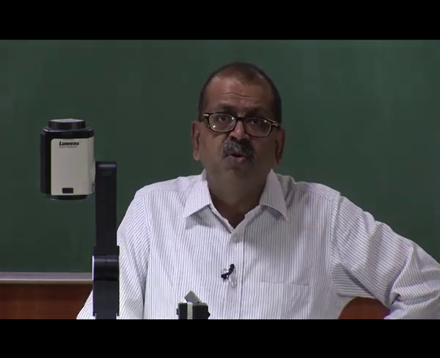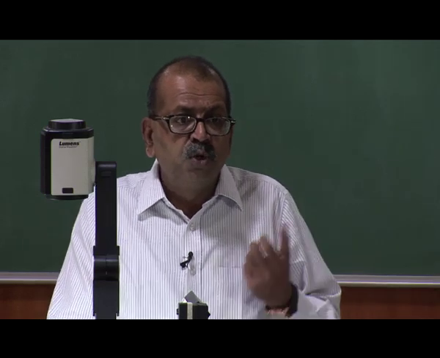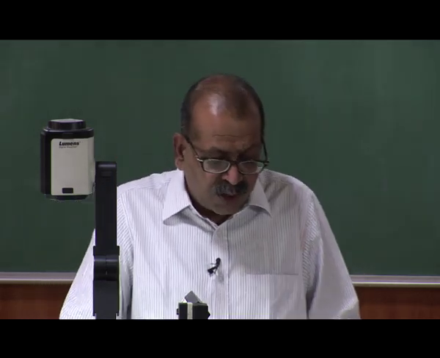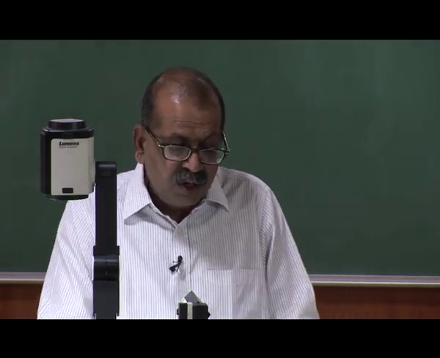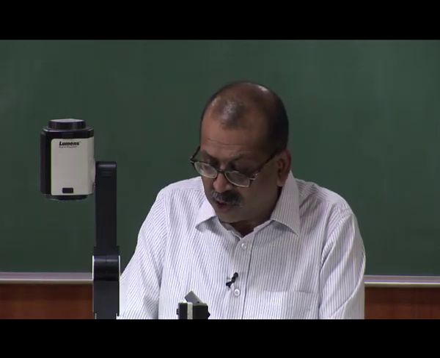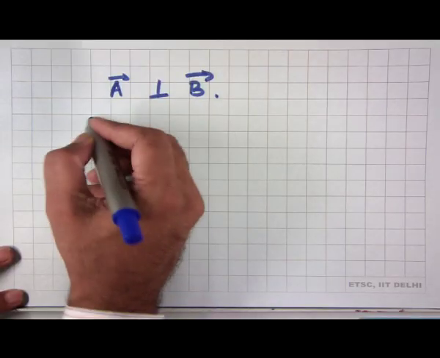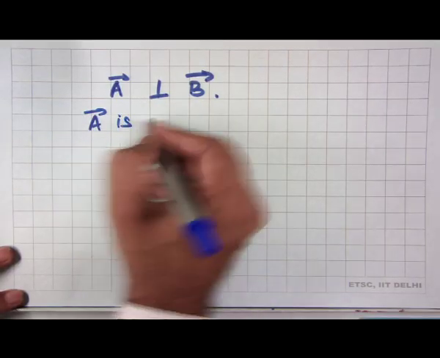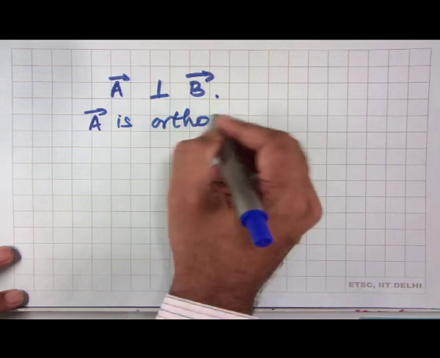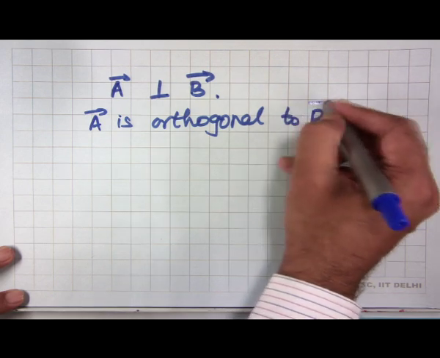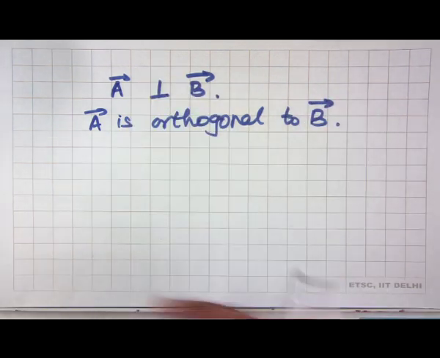Sometimes this is also used to prove that two vectors are mutually perpendicular. If you have to prove this, you take the dot product, and if you get 0, then you can show that A is perpendicular to B. We also sometimes use a special term: we say that vector A is orthogonal to B, instead of saying perpendicular. This is a terminology which we use.